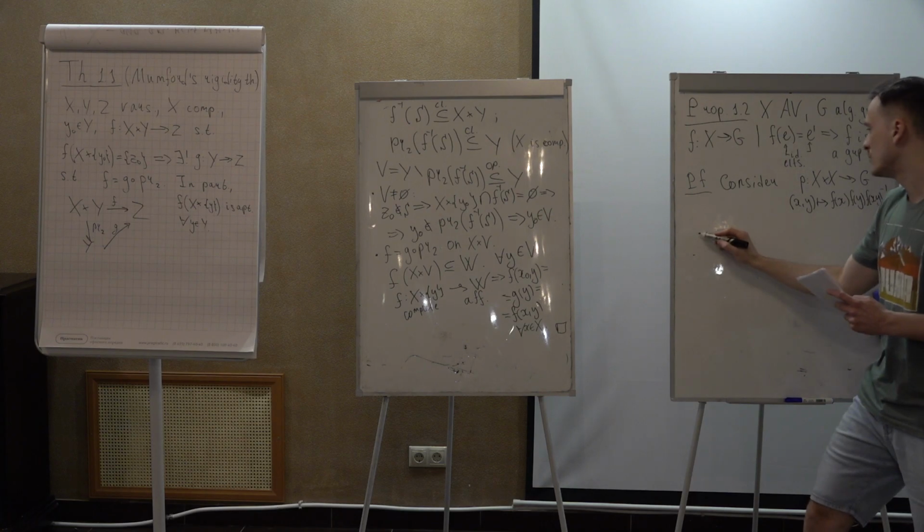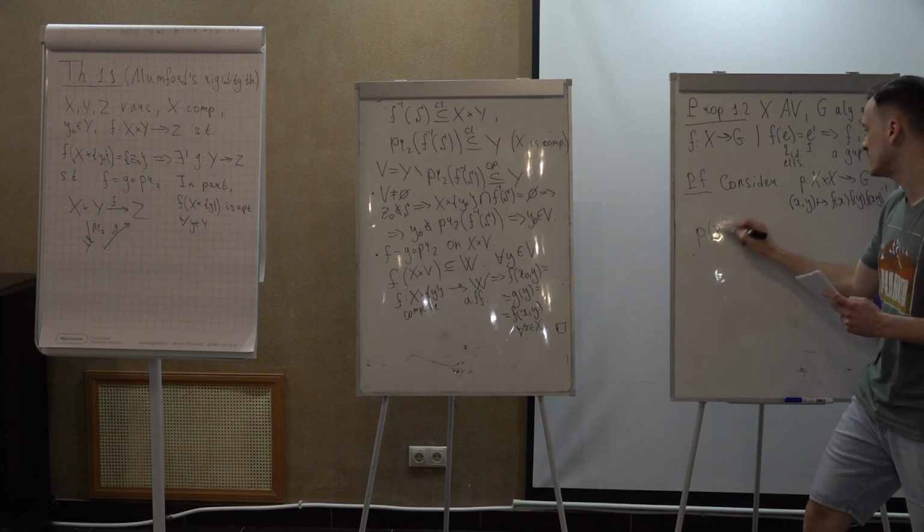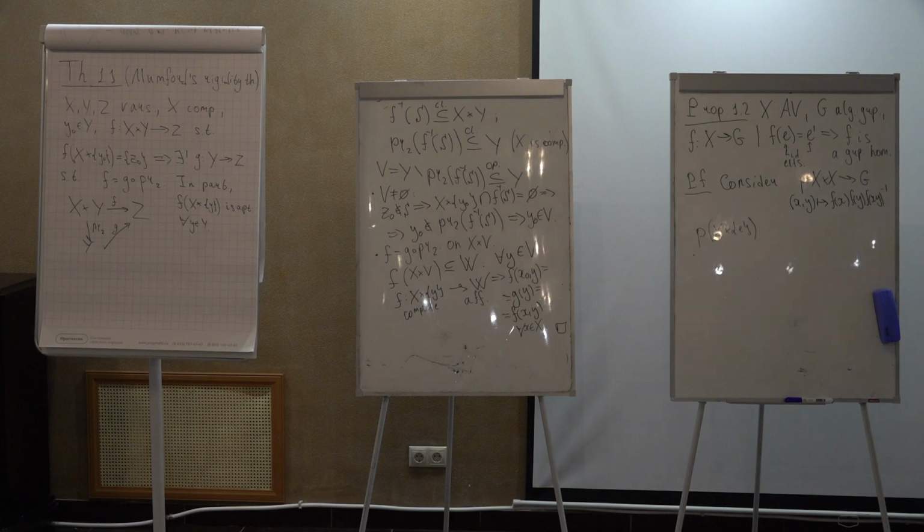Right, so we see that P of x times identity, if we substitute identity into y, this will be identity in G. It's easy to see, I guess.